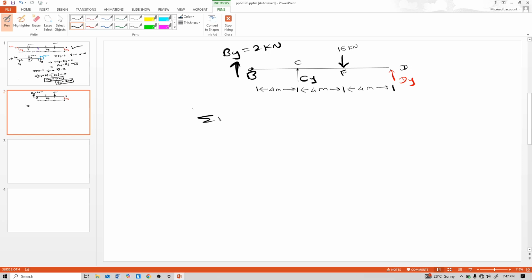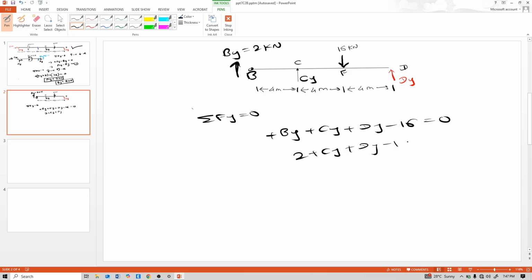Now summation of forces in y direction equal to 0: positive BY, positive CY, positive DY, minus 16 equal to 0. BY is 2 plus CY plus DY minus 16 equal to 0. Therefore CY plus DY equal to 14 kN.